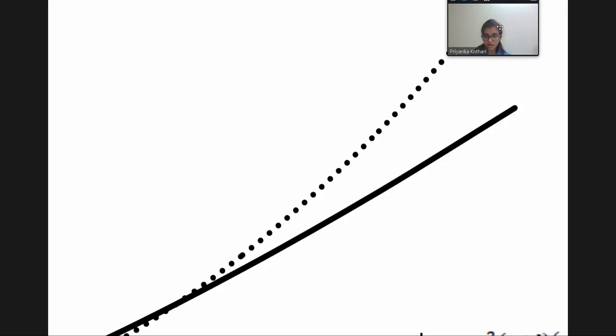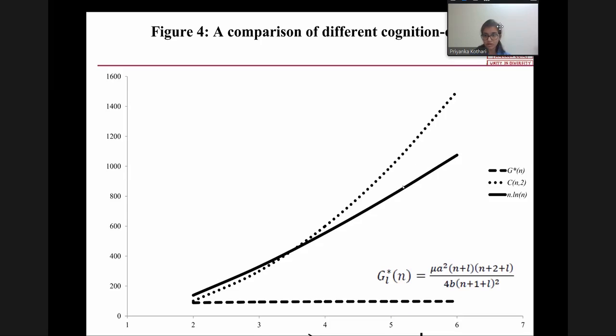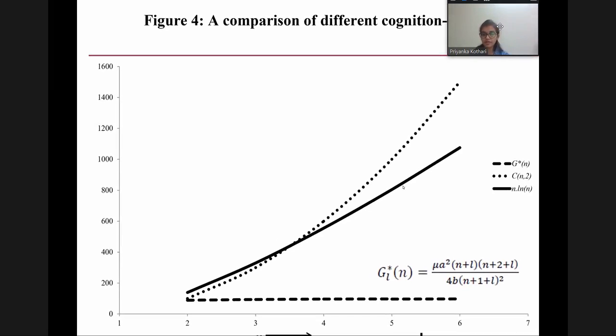And the dark black line is n log n. And what we found is that this G star is increasing and bounded at a very low level. And for any cost function which is greater than this, our results go through, that the oligopolistic structure maximizes the welfare.